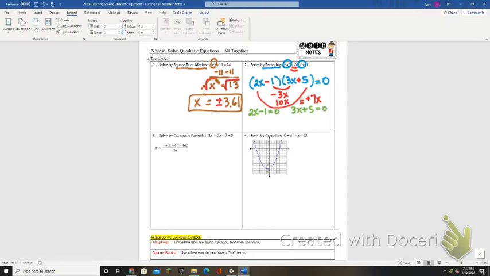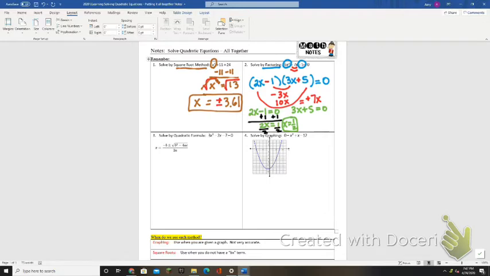So I would subtract 1 right here. Nope, I'm going to add 1 because I do the opposite. And that gives me 2x equals 1. And then I'm going to divide both sides by 2. And I get x equals 1/2 for one of my answers.